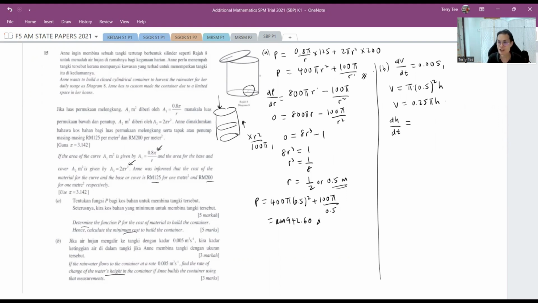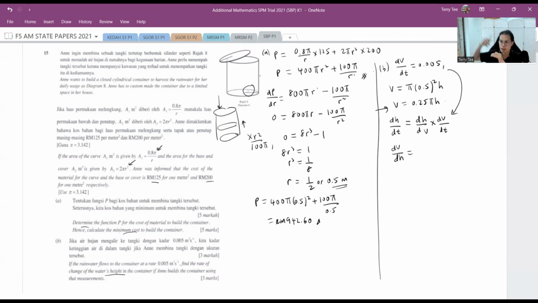Before you find dH/dt, we can use the chain rule, break it up. dH/dt equals dH/dV times dV/dt. The reason why I put dV is because I know dV/dt. I need to find dH/dV. Well, dH/dV can be found by taking this function and differentiating dV/dH. When you differentiate, because your radius is already a constant, your height is changing.